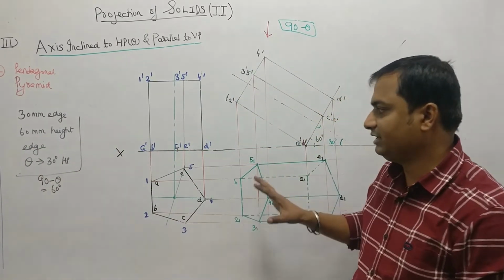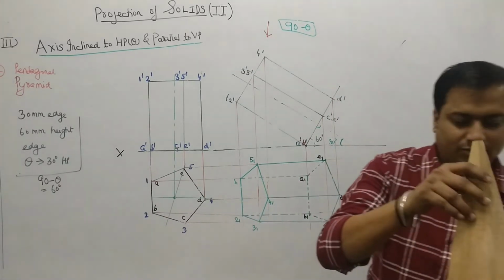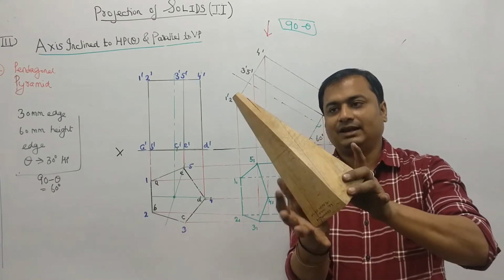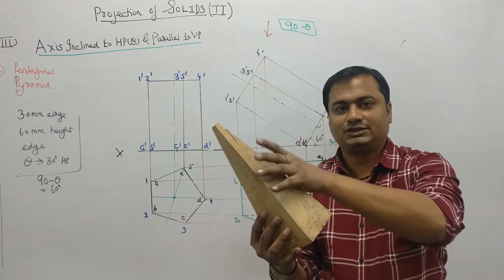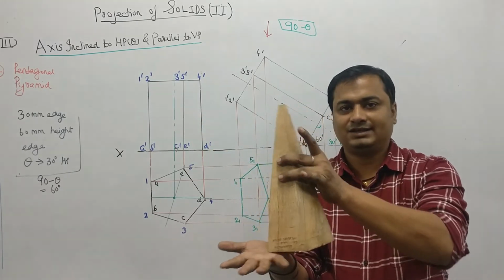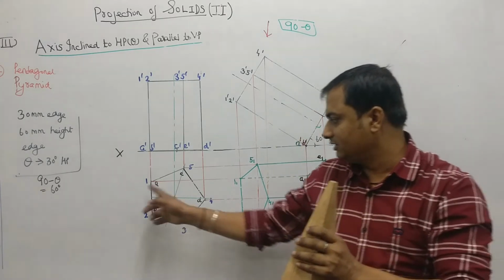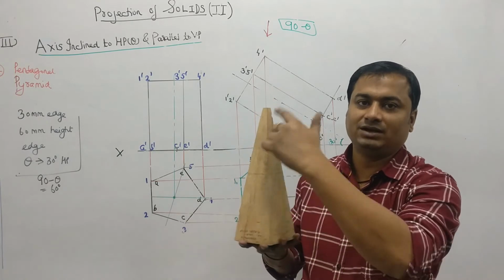So what is going to change here? Now the problem is a pyramid, resting with the edge, and the axis is inclined. What is going to change is that from the first stage you will make it standing on HP. पहले stage में तो stand करवाना है. When you see from the top, the view will be a pentagon, and from the front it will be a triangle.